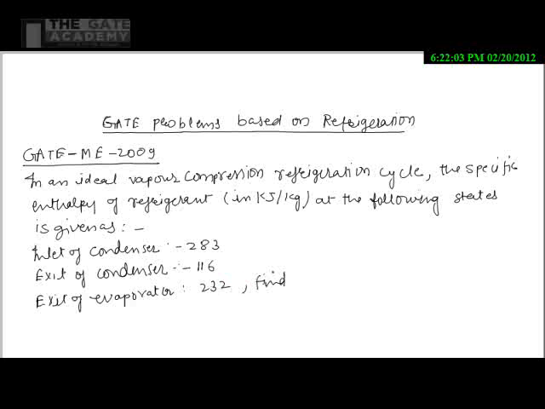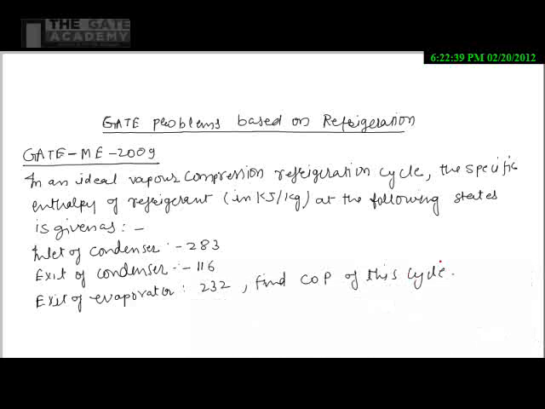Find COP of this cycle. COP means coefficient of performance of this cycle. So here the enthalpy at the various states is given. We have to find out COP of this cycle.